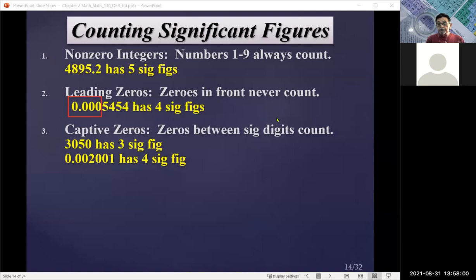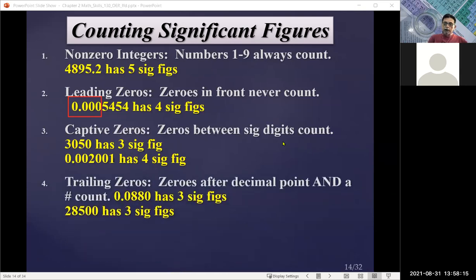They're leading zeros, so you're just holding your decimal point. But the second set of zeros are between two integers, between 2 and 1, and therefore do count as being significant, and therefore that number has 4 sig figs. Okay. And then when you've got a trailing zero after a decimal point, they're considered significant.